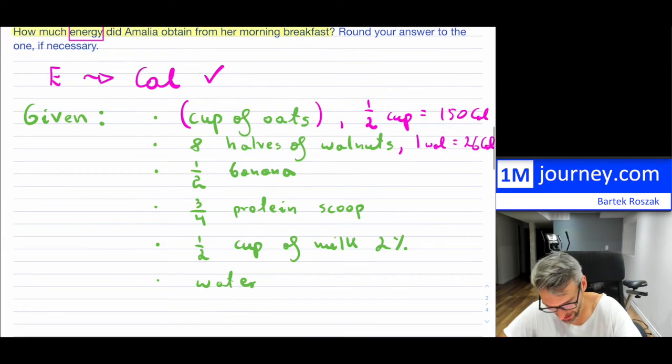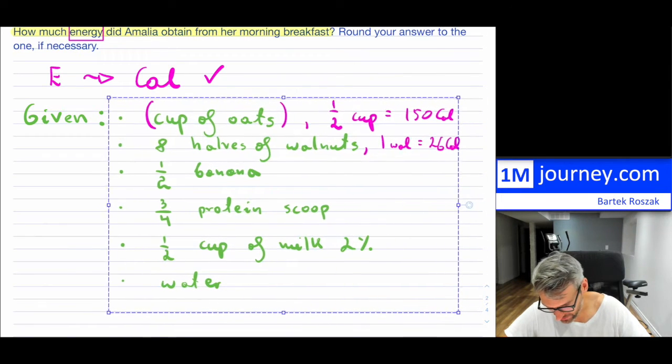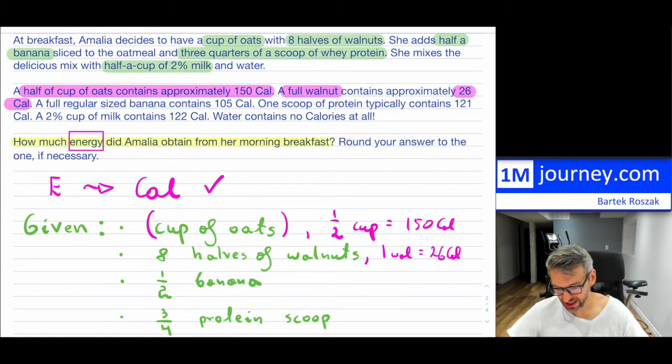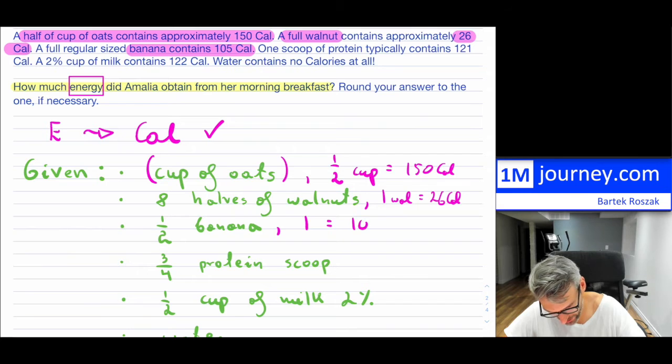Okay, so I'm going to do that. Let me shift this so that I just have enough space there. A full regular sized banana is 105 calories. Okay, so that's a banana. It's right there. So comma. So one banana is equal to 105 calories.